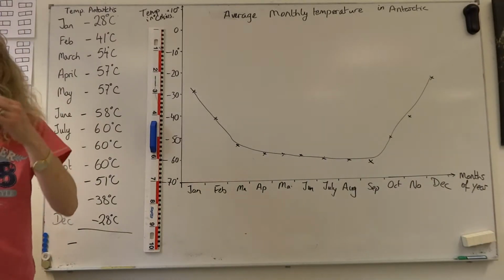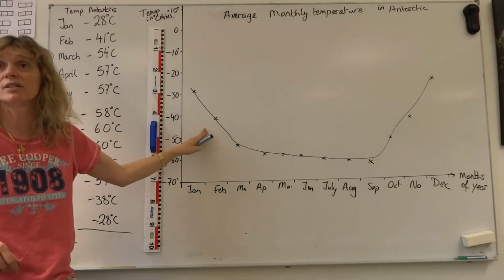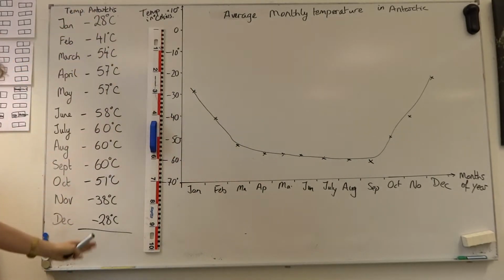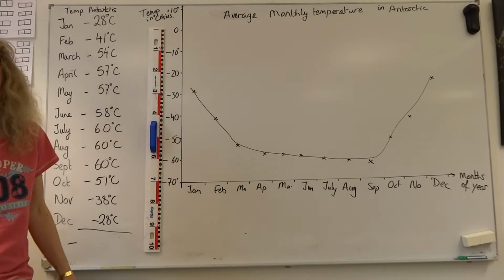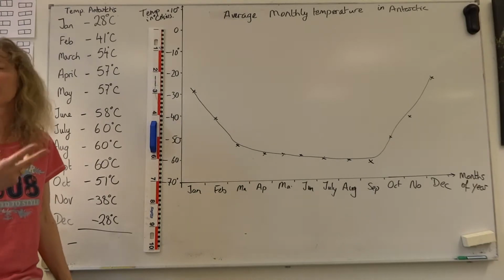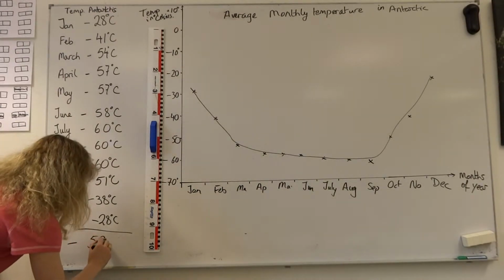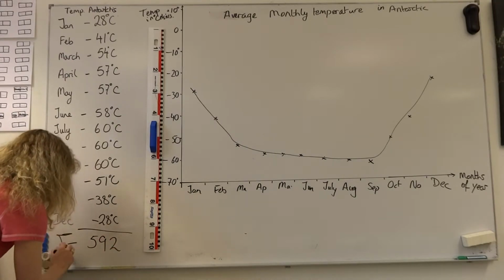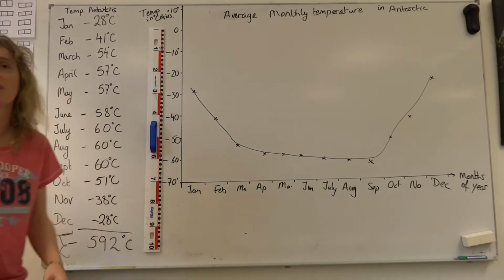And then just add all these numbers up as though they're positive numbers, because there's not one single one of these numbers that has a positive sign in front. So we just add up all the numbers, and of course, when you do this, you have to add up all the numbers twice or even 3 times and double check that you get the same answer each time. When you add up all of these numbers, you should get minus 592. So the sum of all of these numbers is minus 592 degrees centigrade.